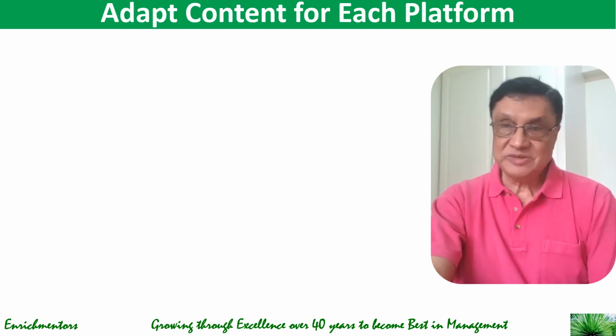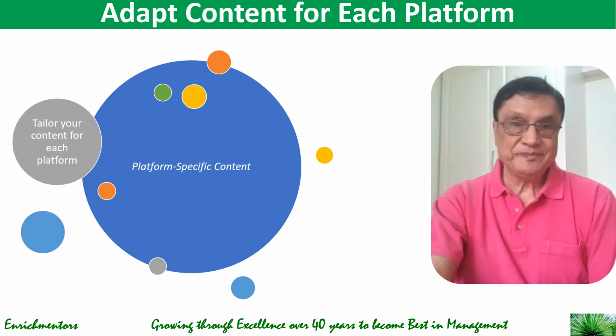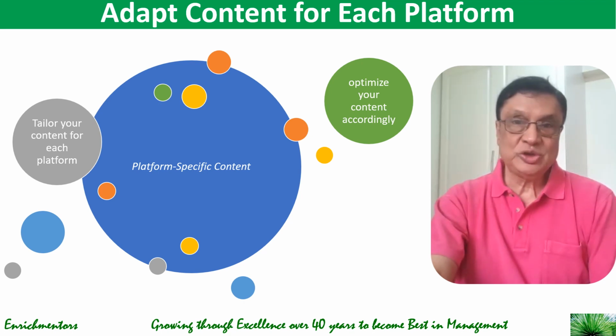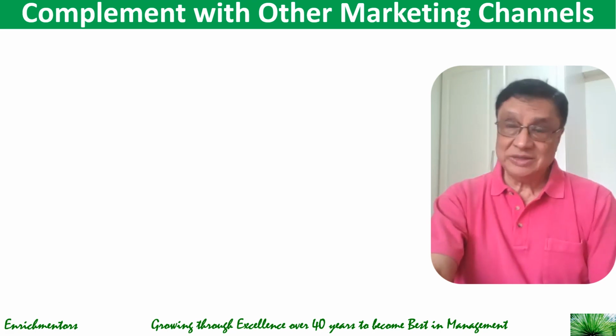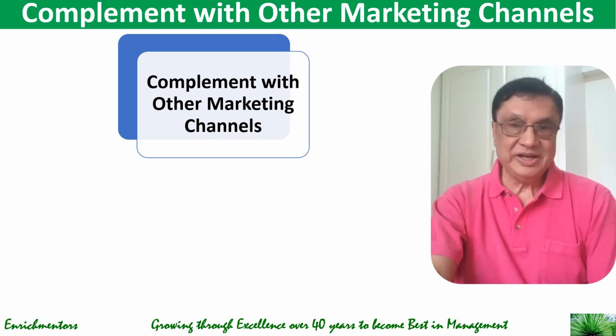Adapt content for each platform separately. You need to have platform specific content. Tailor your content for each platform. Instagram Story and Snapchat have unique features, so you need to optimize your content accordingly. Complement with other marketing channels. Use an integrated approach.